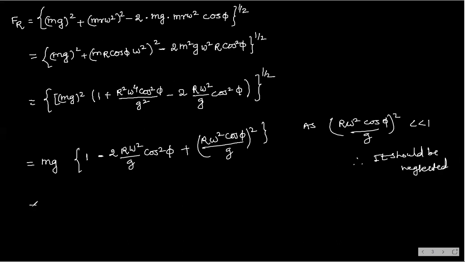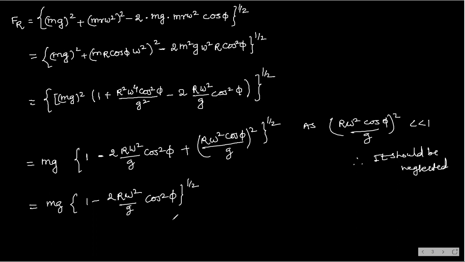So what is the final thing we are getting? mg into 1 minus 2r omega square by g cos square phi. That's it. Okay. And whole power 1 by 2 is there, here also and here also.